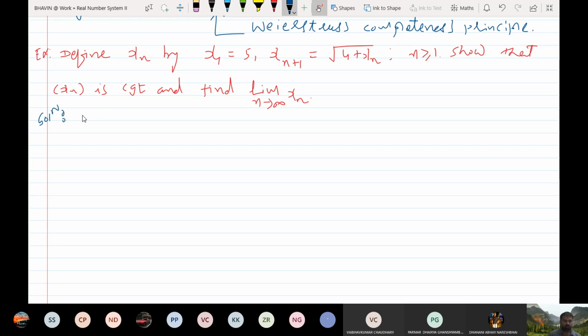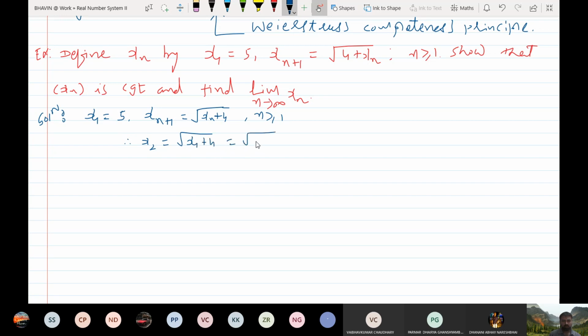So now look at this. x1 is given, it is equal to 5, and xn plus 1 is equal to under root of xn plus 4, for n greater than or equal to 1. What is x2? Just put n equal to 1.